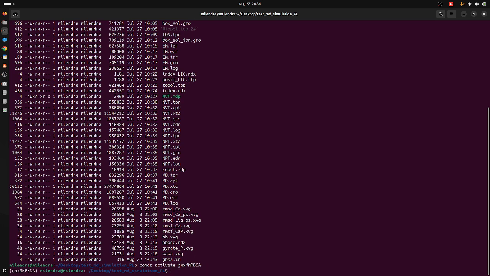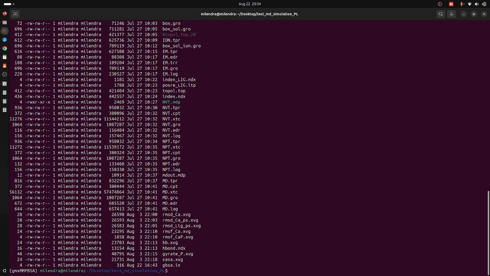So we have activated the environment, right? And we have to write a command that leads to the real-time calculation of MMGBSA and MMPBSA, right? The MMGBSA and MMPBSA are different things, right? In this session we only perform the MMGBSA. After that we will go for the next MMPBSA analysis, right?